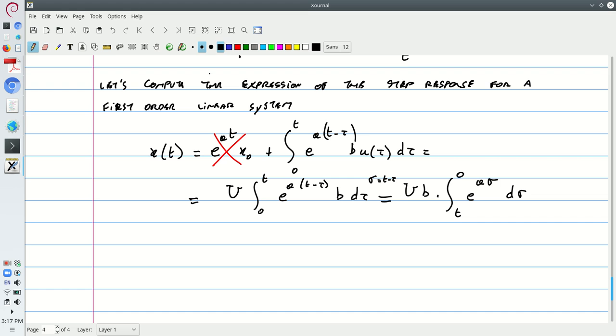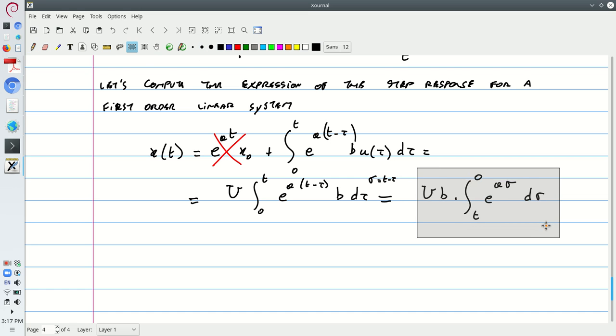Let me write this in a way that it cannot be missed. If we apply this change of coordinates, the minus makes us switch the two integration extremes.